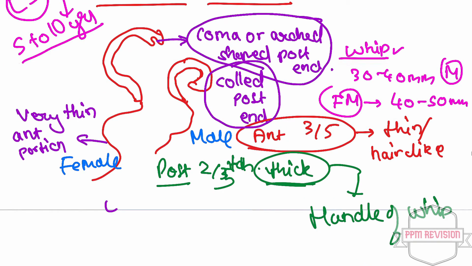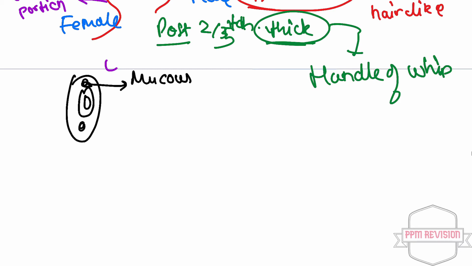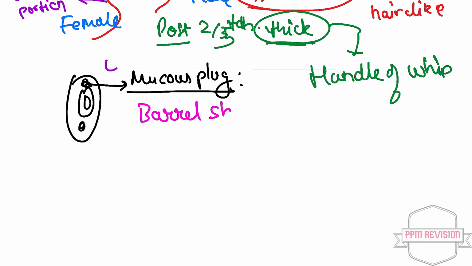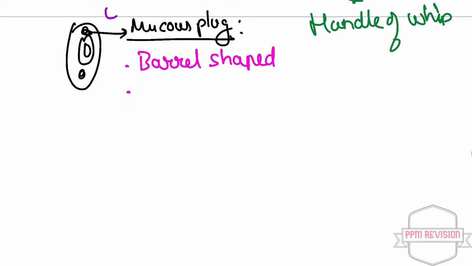Looking at the egg as drawn earlier, it has the mucus plug present. The eggs are barrel shaped. They project a mucus plug at each pole.